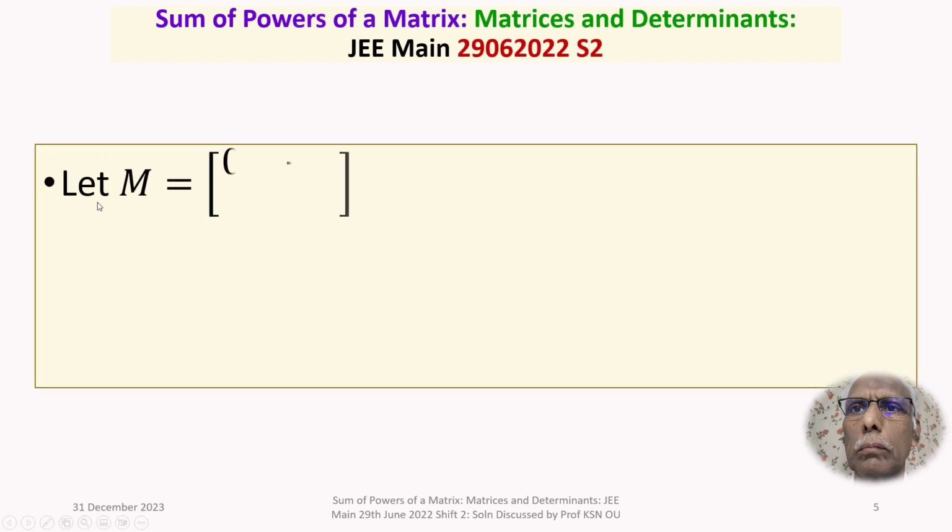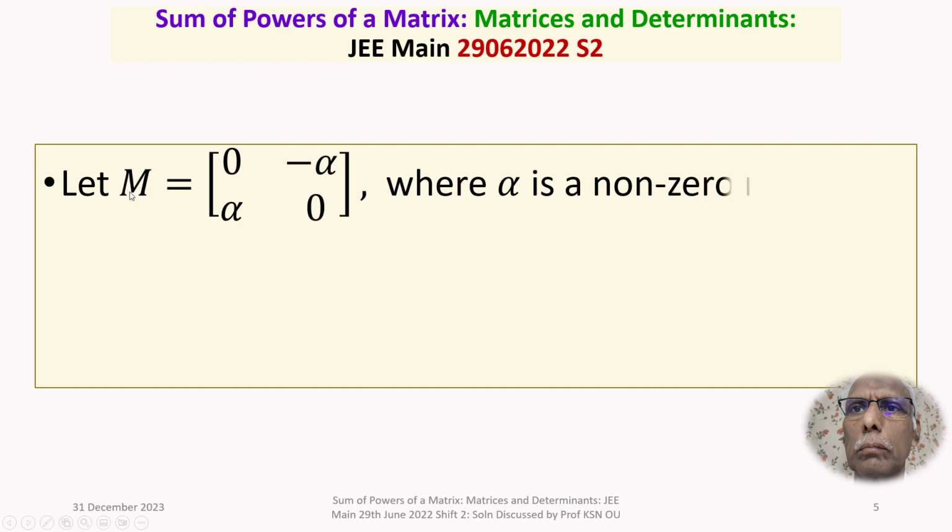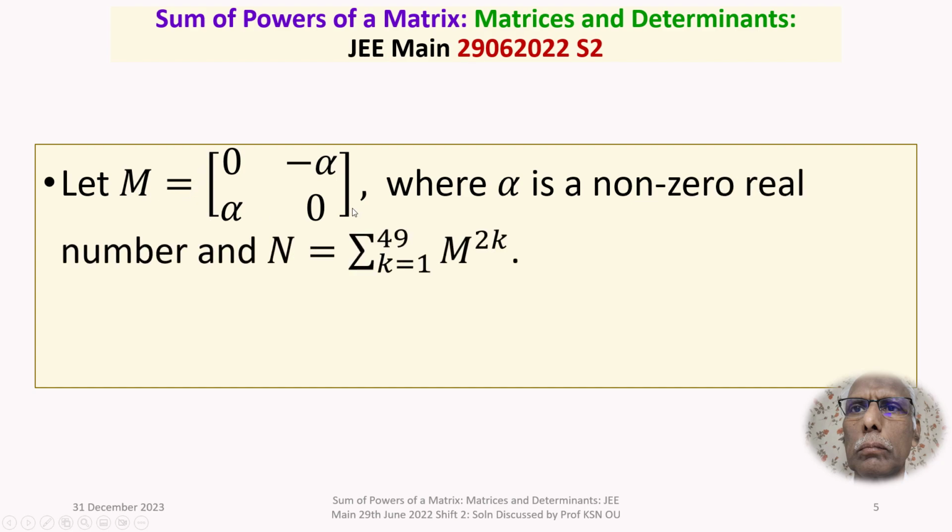The given question is: let M be a 2 by 2 matrix whose first row is 0, minus alpha, and second row is alpha, 0, where alpha is a non-zero real number, and N is equal to the sum from k equal to 1 to 49 of M power 2k.